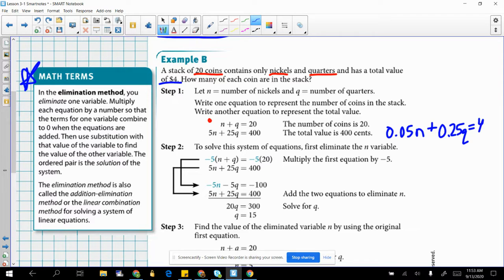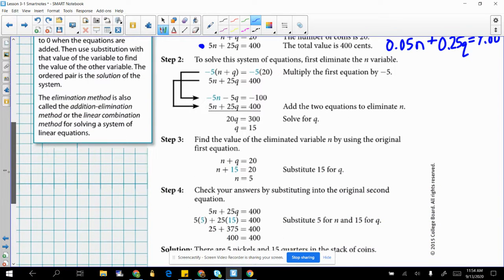You could have written it like this, but I think your Springboard book here basically just multiplied all of those so that it was whole numbers to make it a little bit easier for you. Okay, so that's where this came from. Basically just multiply everything by 100 and you'll have 5n plus 25q equals 400. And that's thinking of it as cents. So a nickel's worth 5 cents, a quarter's worth 25 cents, and $4 would be 400 cents. Okay. All right, so that's where the equations come from.